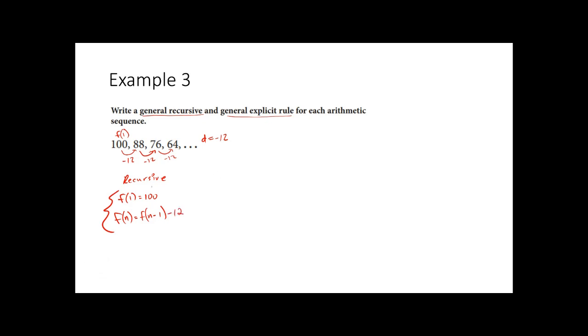Okay? Now, let's handle the explicit. All right. So let's see. First things first, we need our function of n equals our first number, right? Plus our difference times n minus 1.